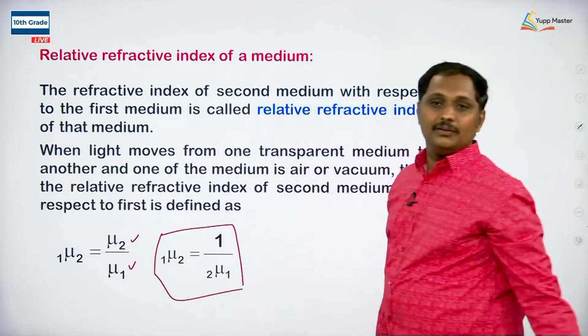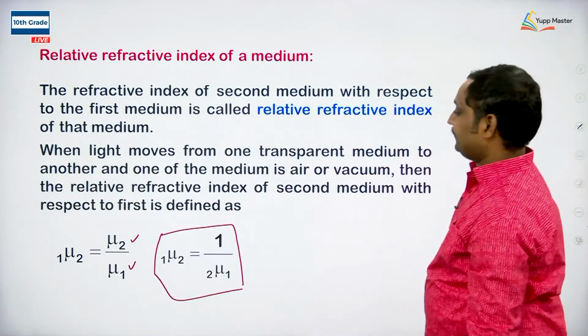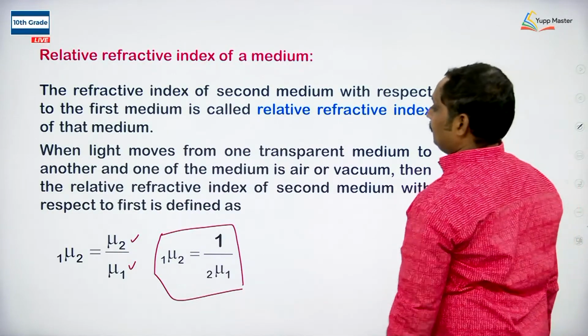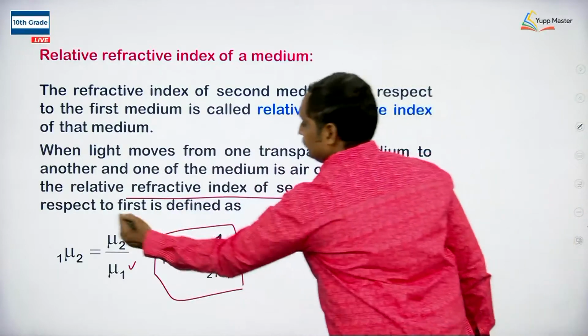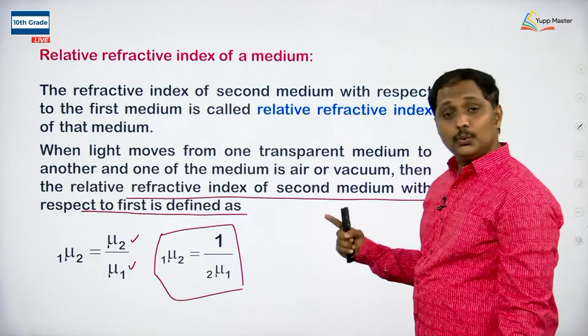This is a reciprocal. Identify that. This is the relative refractive index of the second medium with respect to the first medium, that is mu 2 1.